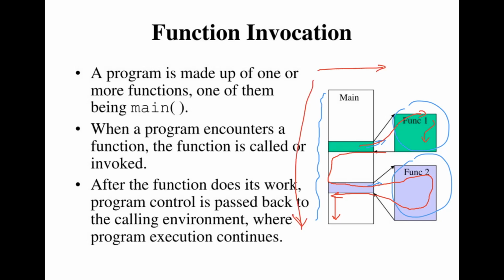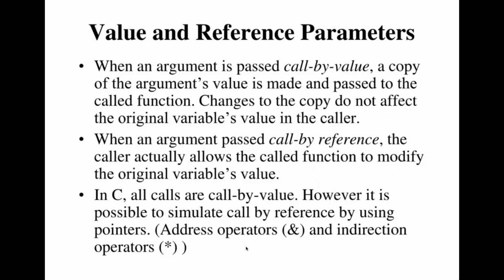Let's look at the parameters list. You might have noticed that a function name has this parameters list. In our previous example, we have this int year. This is one parameter. Sometimes you can have multiple of them. For example, you can have int x, comma, int y, comma, bool t, or something like that.